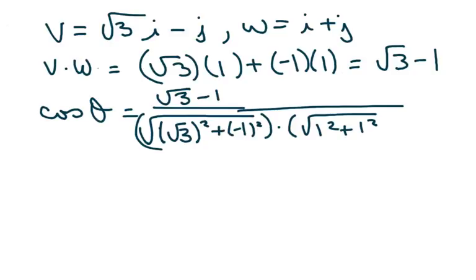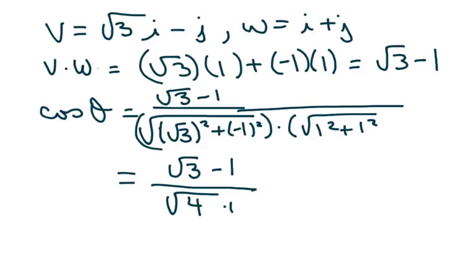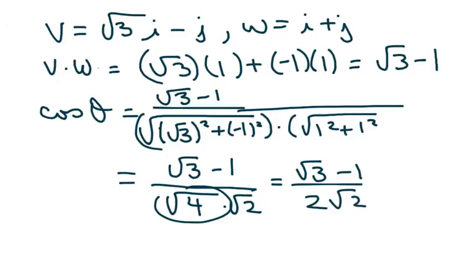All right, and that's all going to equal square root of 3 minus 1 over square root of 4 times the square root of 2, which equals, this equals 2, so we get square root of 3 minus 1 over 2 root 2.